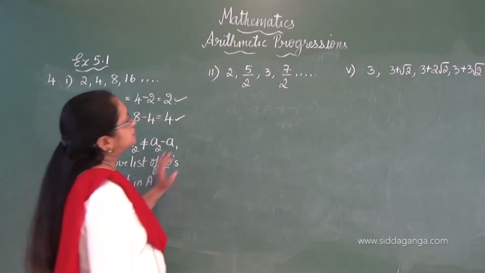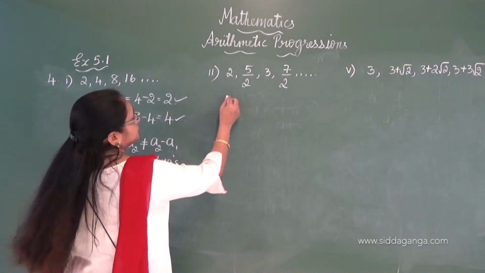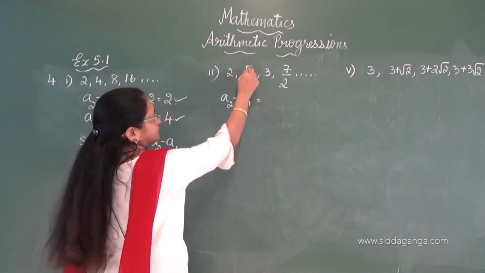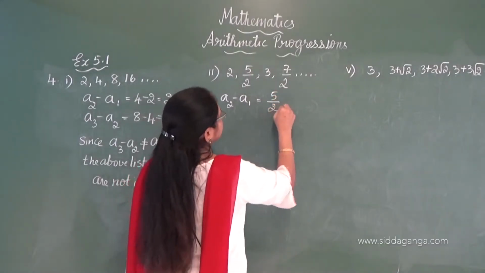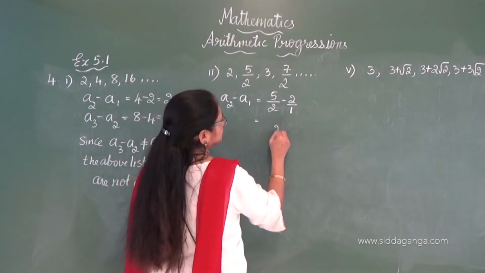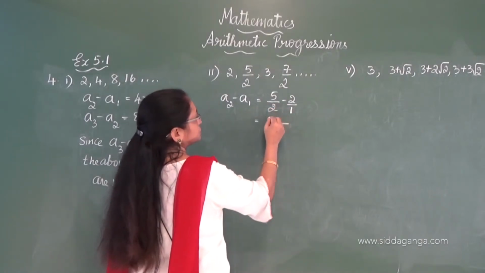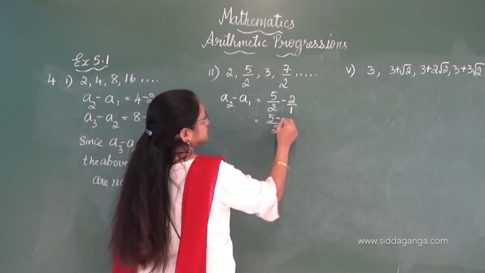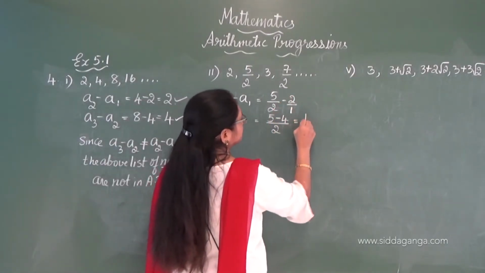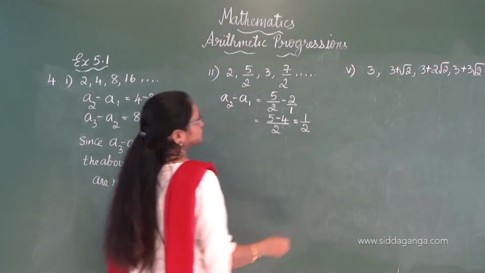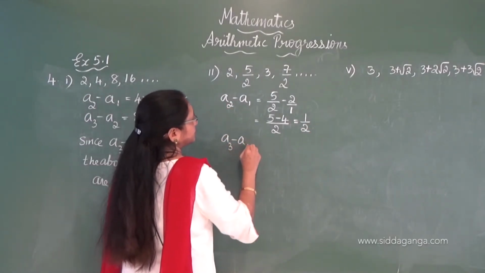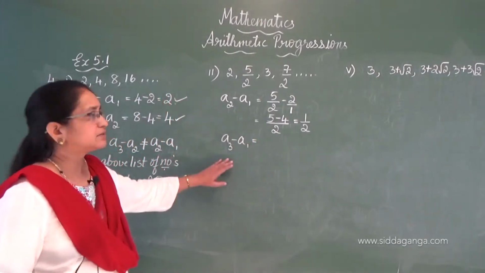Okay. Then next one. So here we will see A2 minus A1: 5 by 2 minus 2. And you all know to find the LCM, 2. So 5 minus 4, 1 twos are 2, 2 twos are 4. So this will become 1 by 2. Now find A3 minus A2.